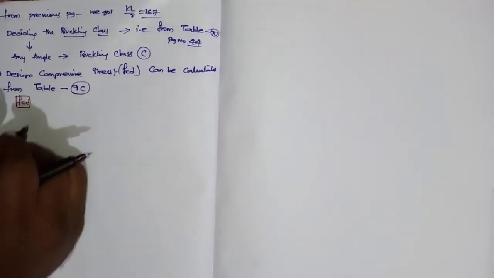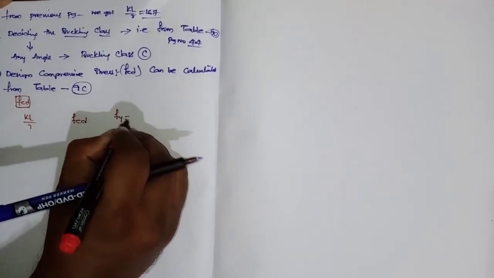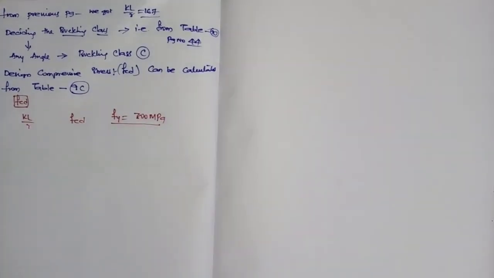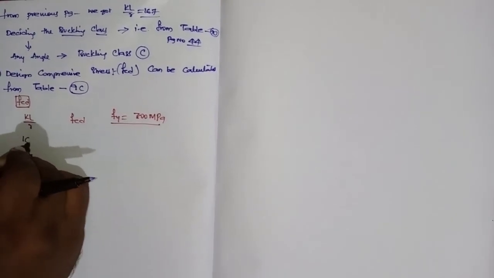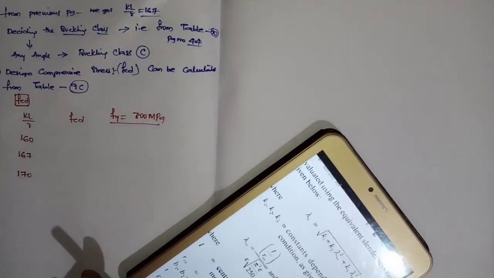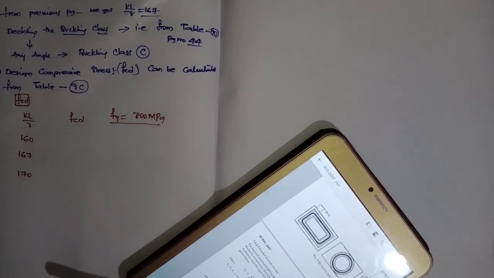Now, FCD from table number 9 is given for KL by R and for particular fy as 300 MPa. What is KL by R? You got 167, which means it lies between 160 and 170.